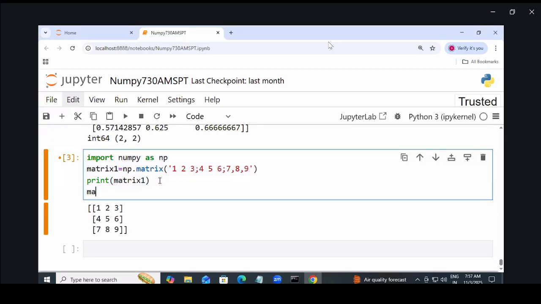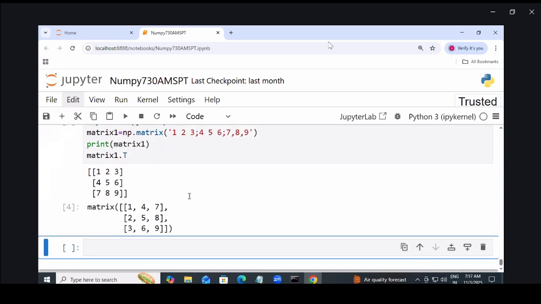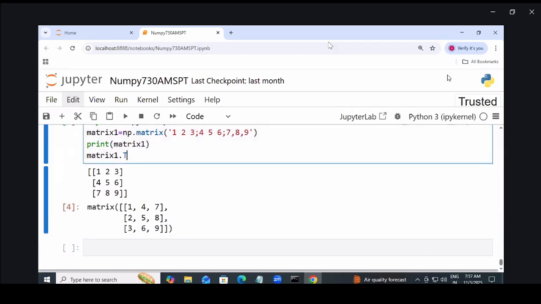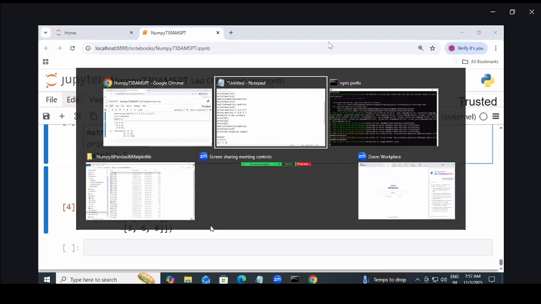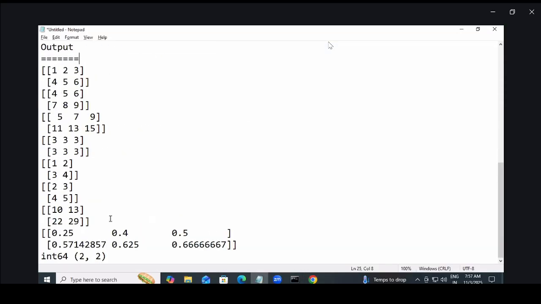Now this matrix has some attributes. I am writing matrix1.T, and T is nothing but transpose. If you want to find the transpose of a matrix, you can just use an attribute called T.